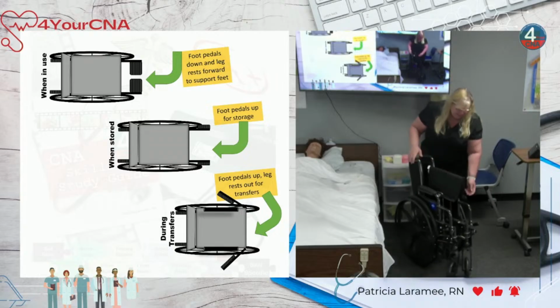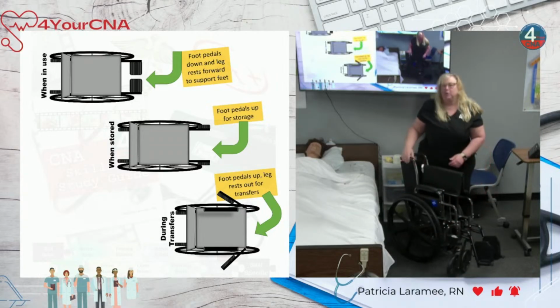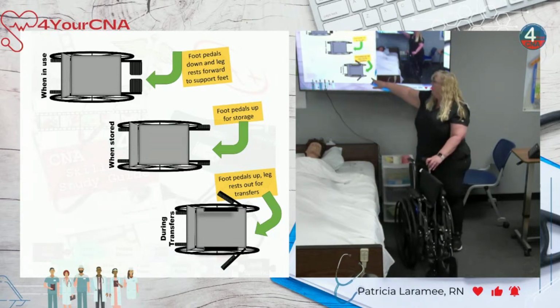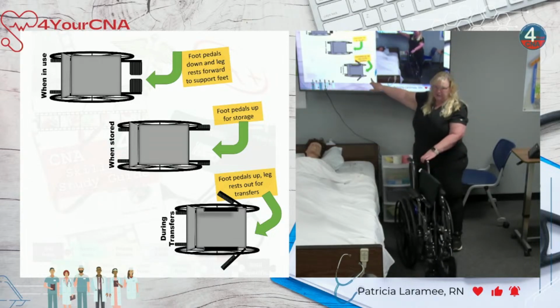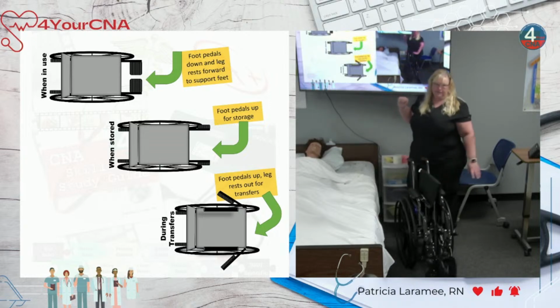So you want these leg rests locked in place so they don't move when you're moving the wheelchair. And then during transfers, everything out of the way. Good.